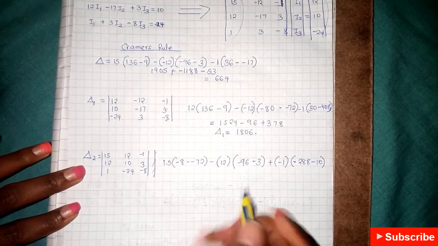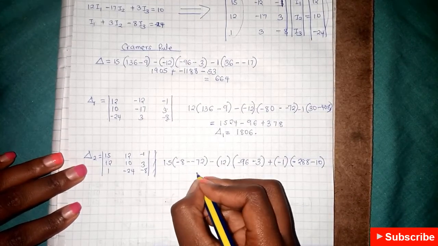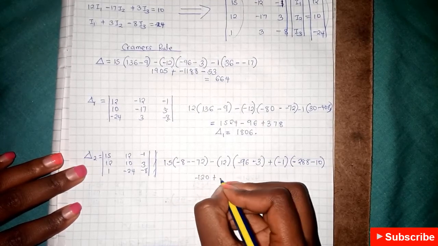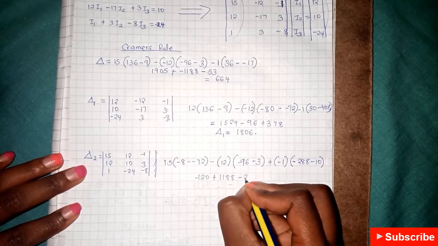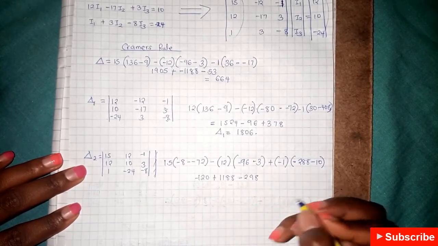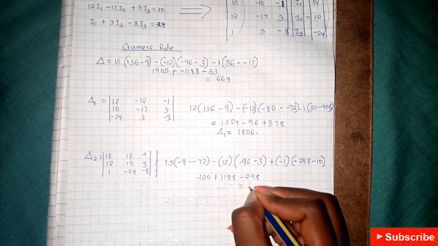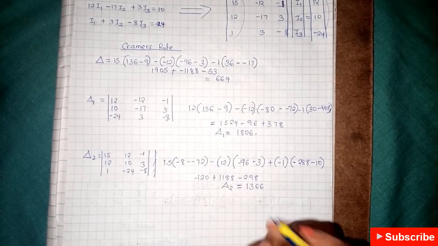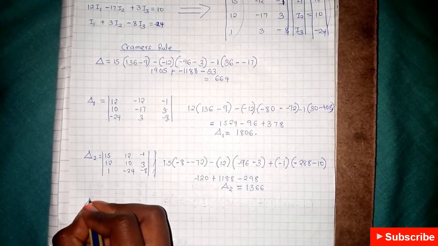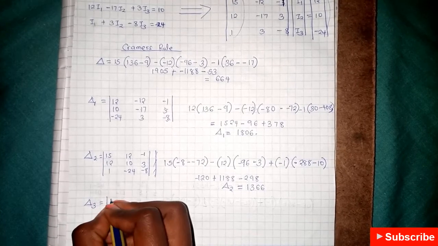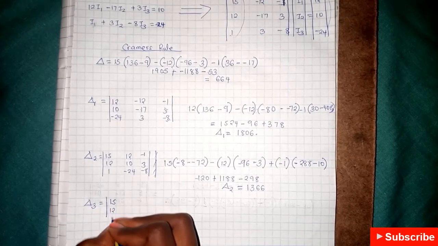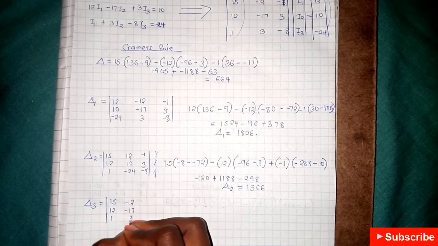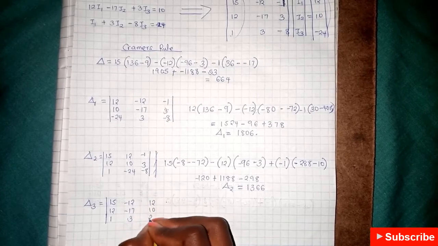Okay, and lastly, on our last three, we have 15, 12, 1, negative 12, negative 17, 3, 12, 10, 24.